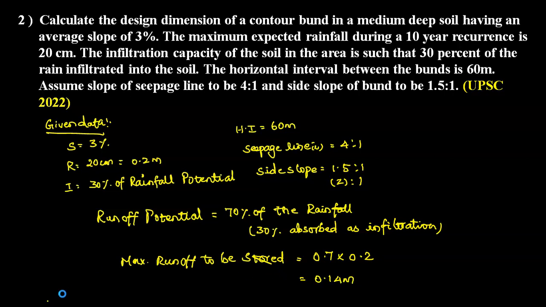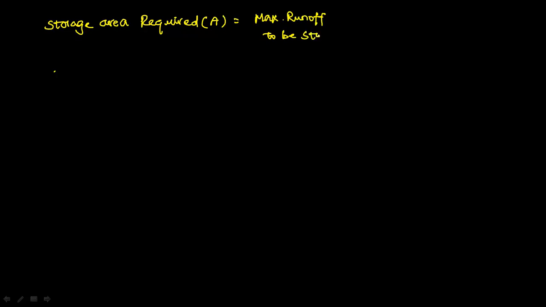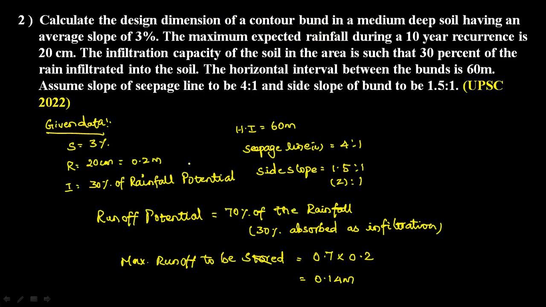Next, we are going to find out storage area required. Storage area required, A is equal to maximum runoff to be stored into HI. Horizontal interval they had already given. You see in the question, horizontal interval they had given us 60 meter.